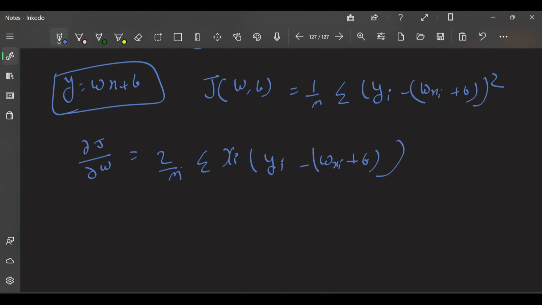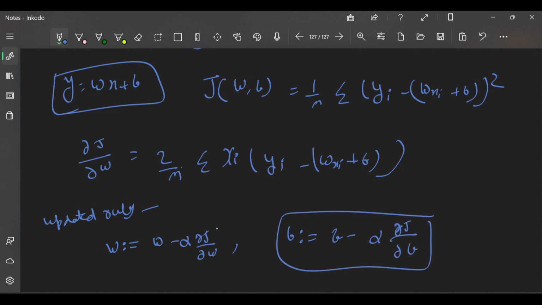The update rules will be w equals w minus alpha dou J upon dou w, and b equals b minus alpha dou J upon dou b. This is exactly how linear regression learns.